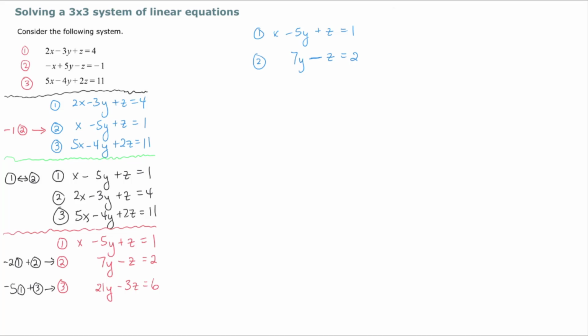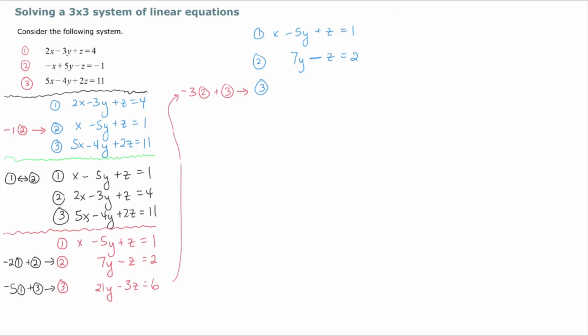However, we are going to change equation 3 by doing negative 3 times the previous equation 2. Negative 3 times equation 2 and then add it to equation 3. And then where are we going to store this? We're going to store this as the new equation 3.